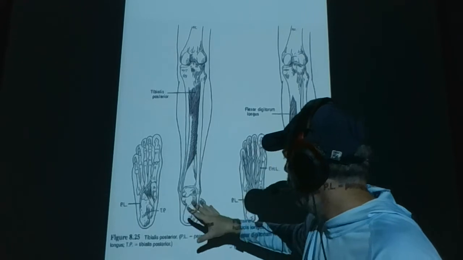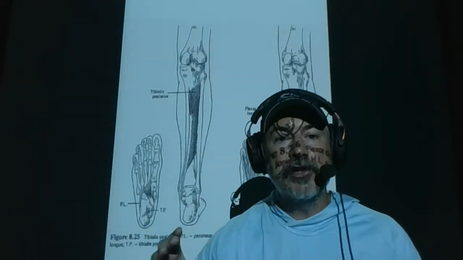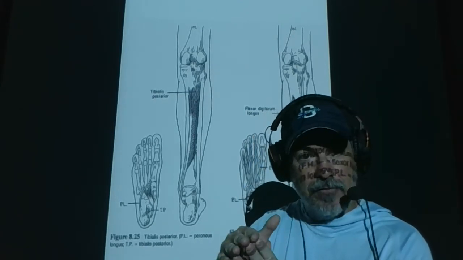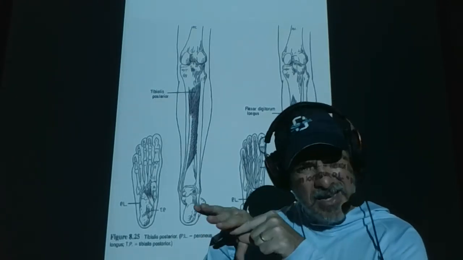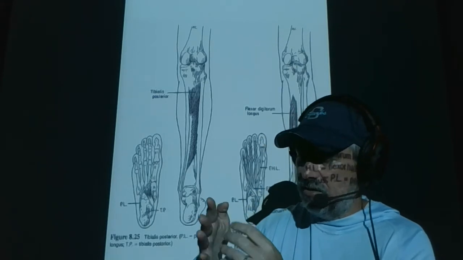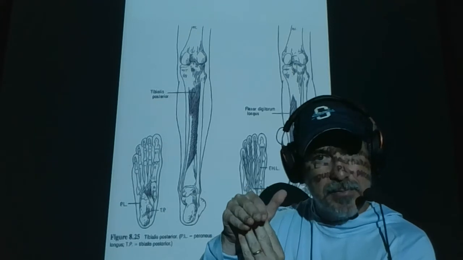Tibialis posterior. Now, one of my favorite things about the tibialis posterior, it's an arch supporting muscle. So people that have arch problems in their foot, whether it's because of ligamentous problems, the spring ligament is a special ligament that helps support the arch. The plantar fascia goes from your heel to your toes and helps support the arch.